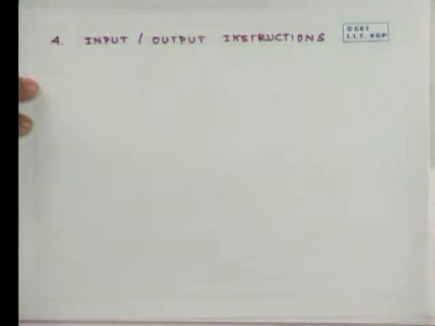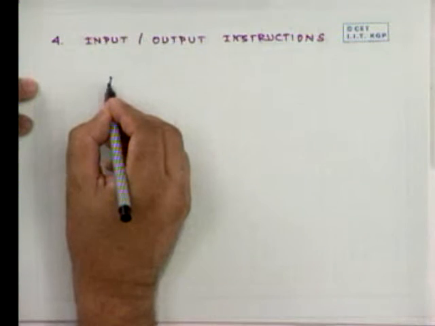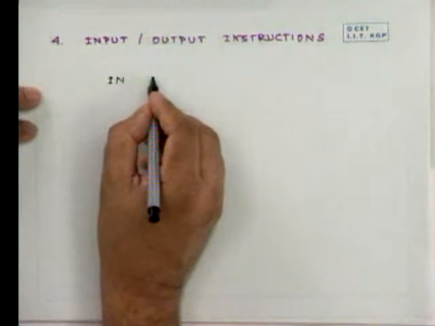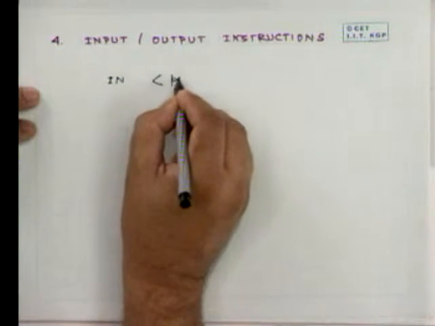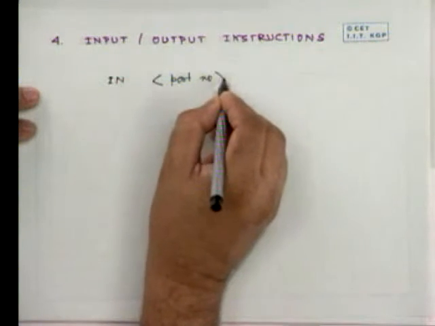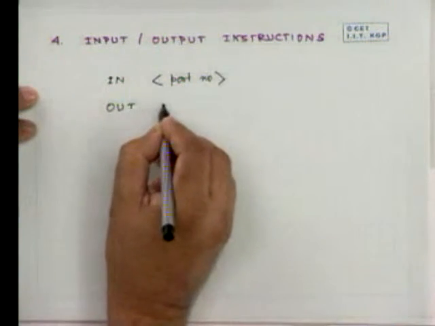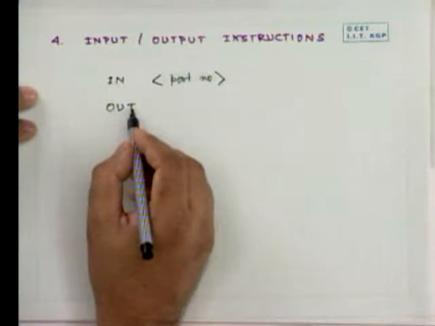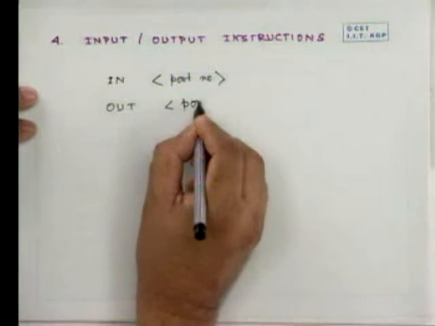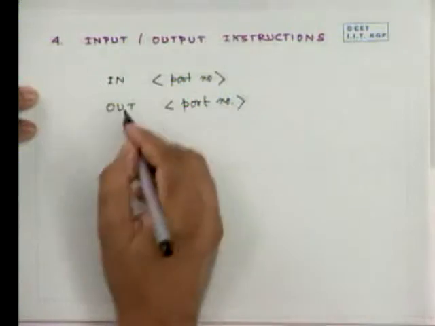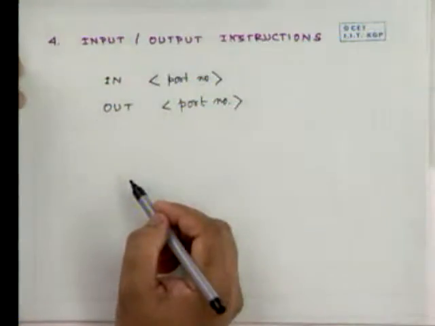The simple input output instructions can be that you say in and then give a port number, or a device number; we generally call it a port number. Or out, that means output the content of either a memory location or a register to a port number. But the input output for complex devices is a bit more complicated, and we'll take up that discussion when we discuss input output devices in our lectures.